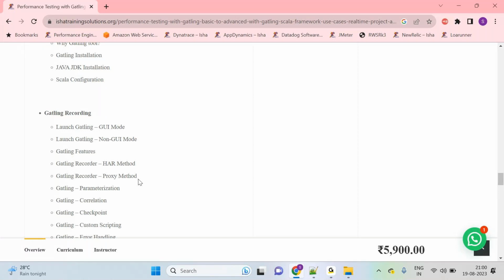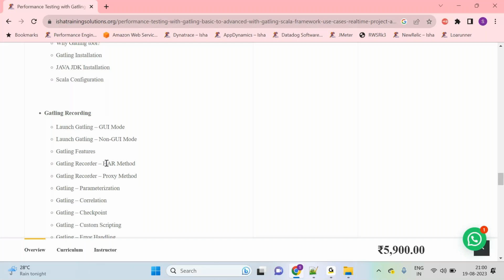There are GUI mode and non-GUI mode of launching, and you should know the different capabilities and features that are available in Gatling. In Gatling there are two recording options. One is the HAR file, HTTP archive mode.